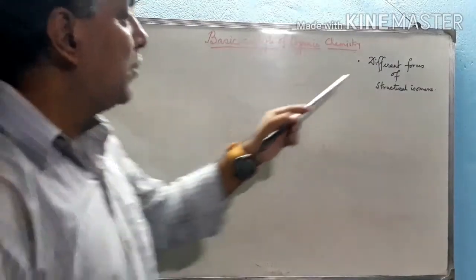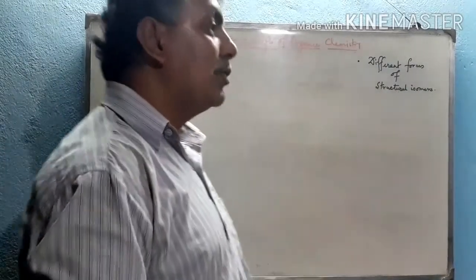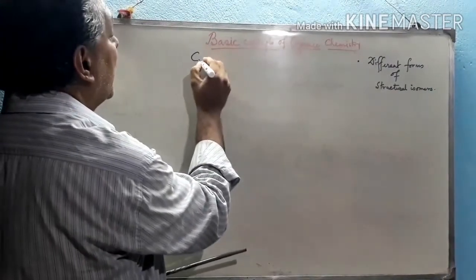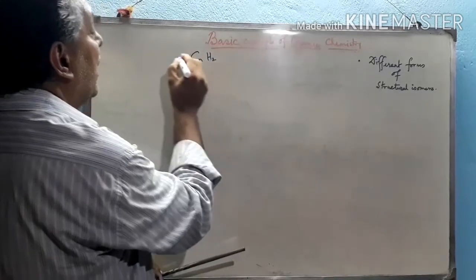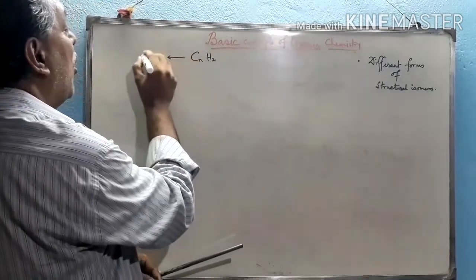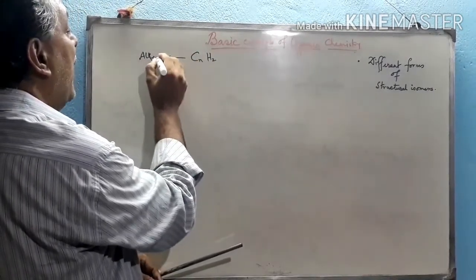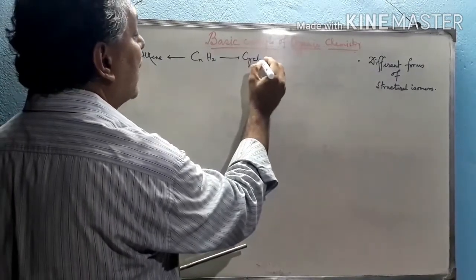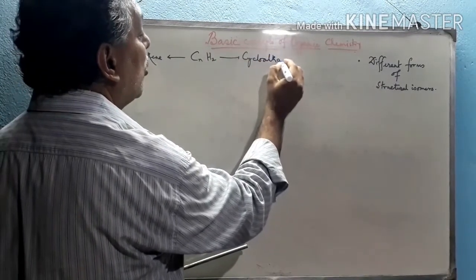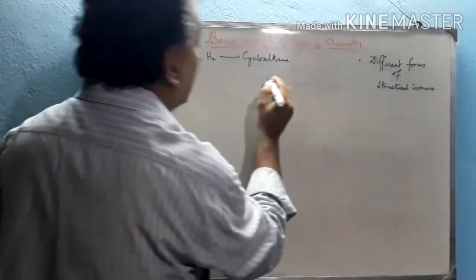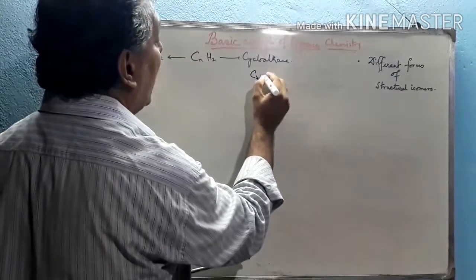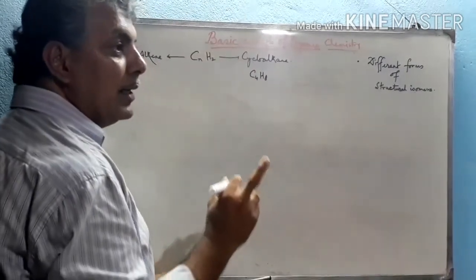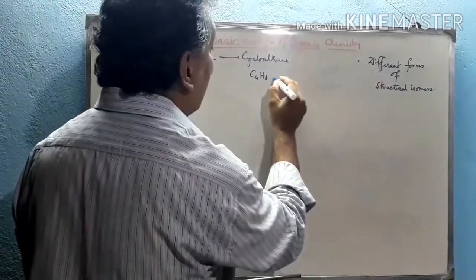Now we are discussing the different forms of structural isomers. Already you have seen that CnH2n is the general molecular formula of an alkene and a cycloalkane. If we draw the structures of C4H8, first we have to draw the chain isomers.